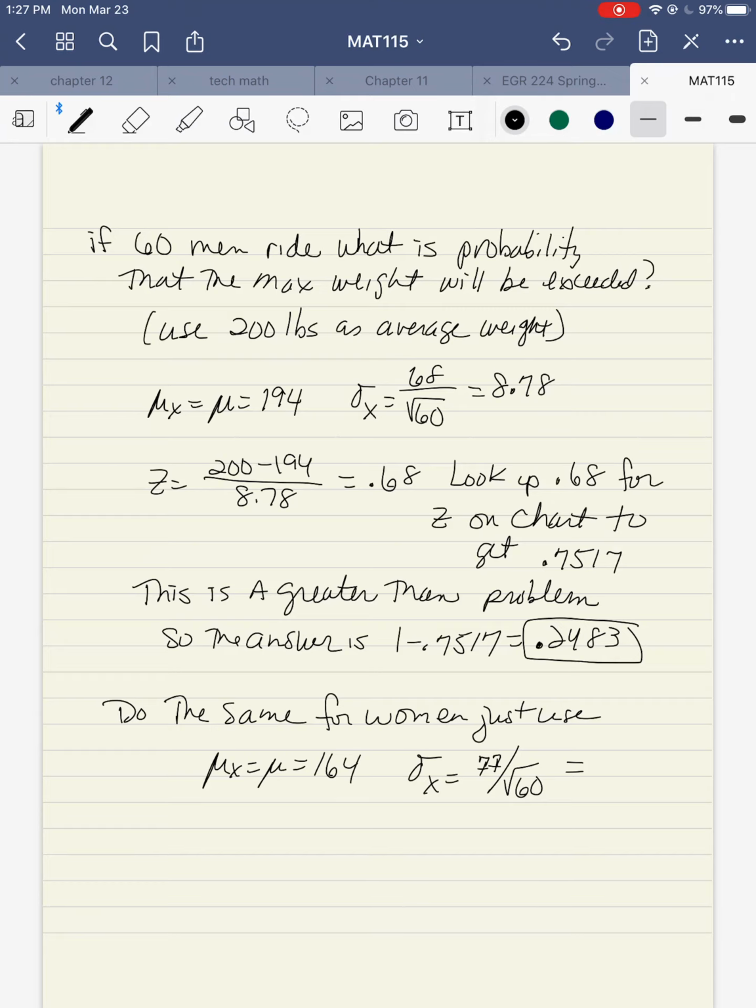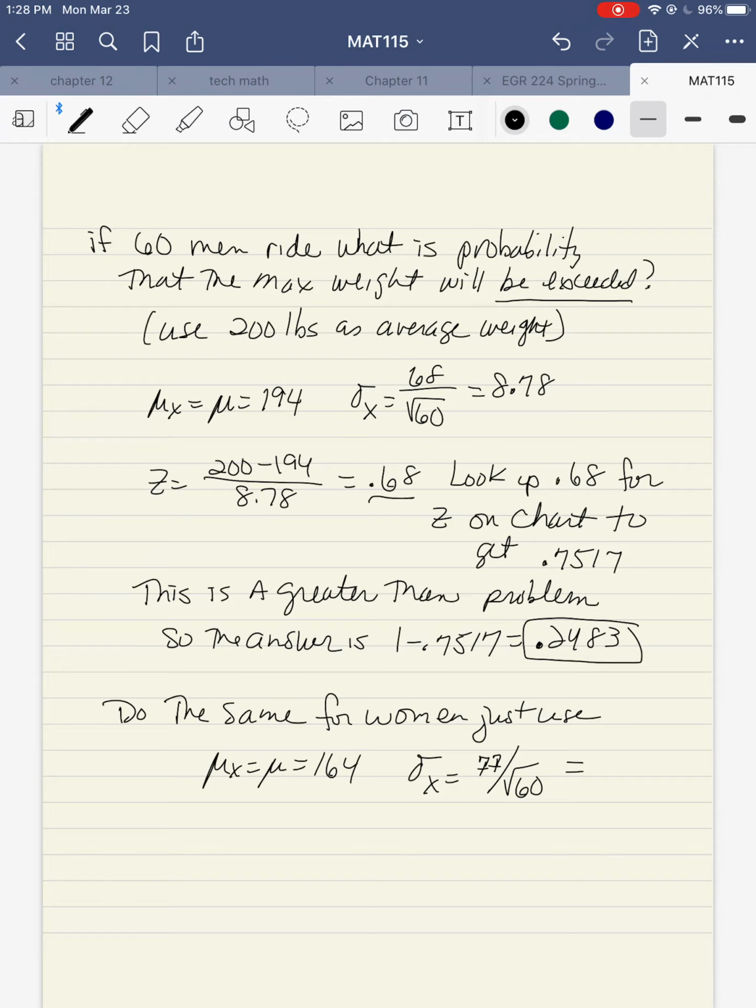The next problem says, if 60 men ride, what is the probability that the maximum weight will be exceeded? Exceeded is a greater than problem, so once you calculate z, you have to look it up on the chart and subtract it from 1. Same categories, the sampling mean is equal to the mean, which is 194. The sampling standard deviation is going to be 68 divided by the square root of 60. That comes out to 8.78. So calculating z, 200 minus 194 divided by 8.78 is 0.68.